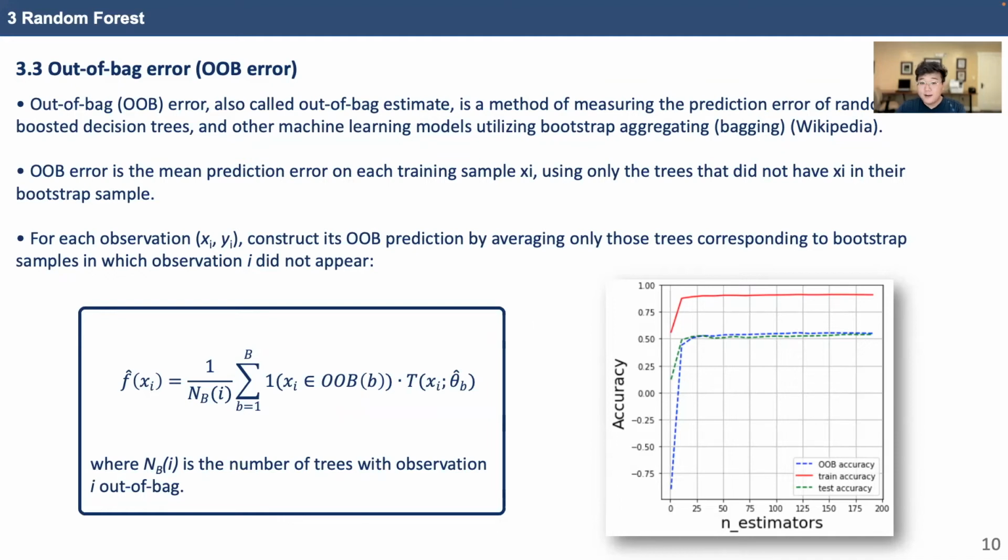An OOB error is the mean prediction error on each training sample xi using only the trees that did not have xi in their bootstrap sample. For each observation xi, yi, construct its OOB prediction by averaging only those trees corresponding to bootstrap samples in which observation i did not appear.